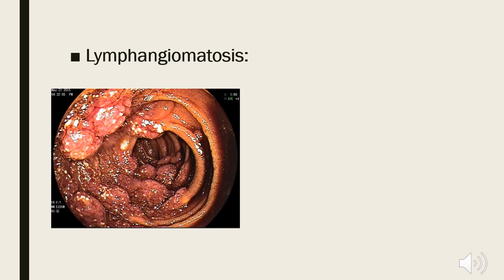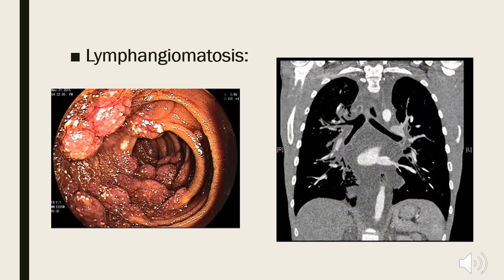Finally, we have lymphangiomatosis. This disease involves multiple cysts or lesions formed from lymphatic vessels. It is thought to be the result of a genetic mutation. What does this mean?